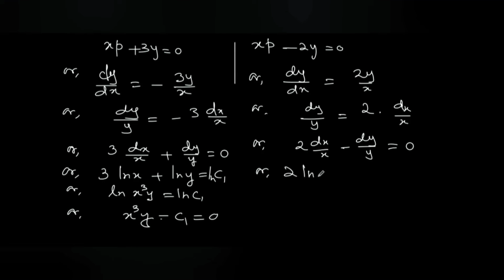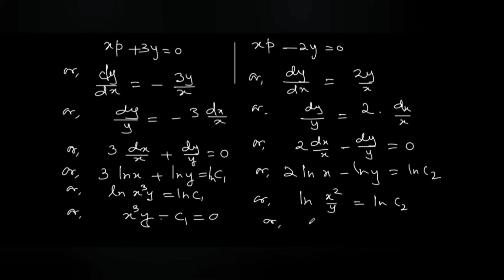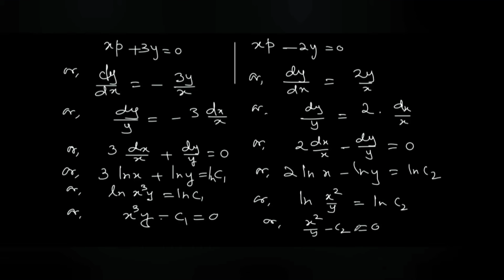So 2 log x minus log y equals log c2, where c2 is an arbitrary constant. From here we will get log x square upon y equals log c2, or x square by y minus c2 equals 0.